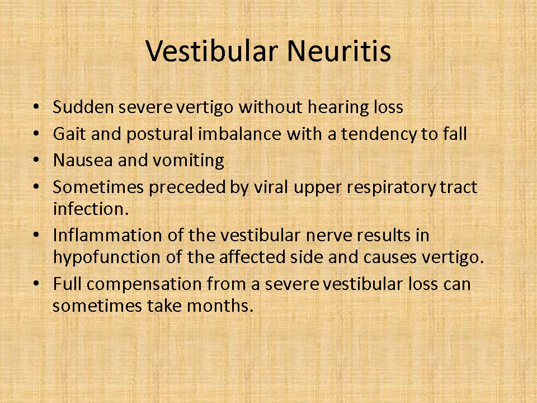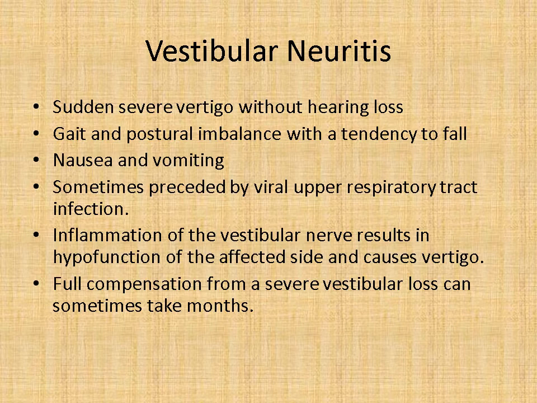Inflammation in the vestibular nerve will result in hypofunction on the affected side, and this will cause vertigo. This means that if I'm examining the patient during the acute stage, before central compensation, I will find spontaneous nystagmus and post head-shaking nystagmus.